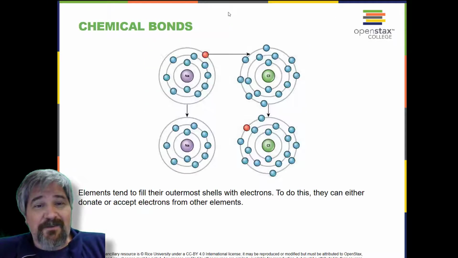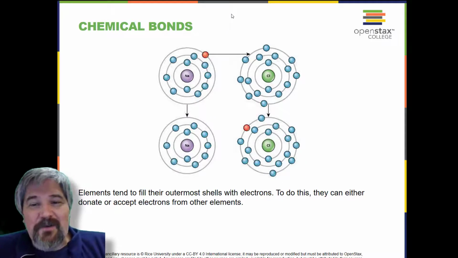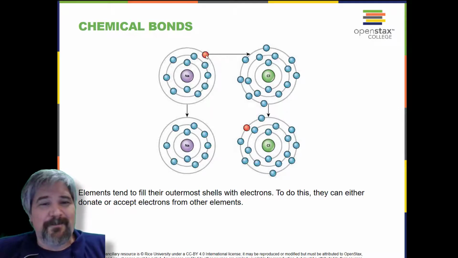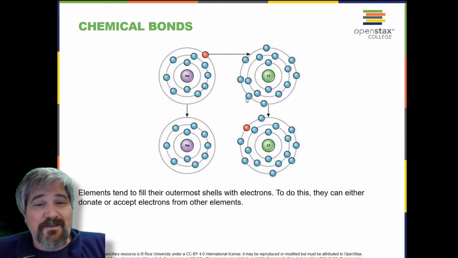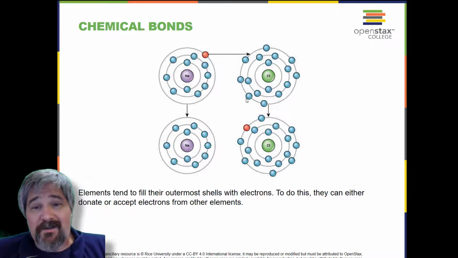As this figure illustrates, a sodium atom has only 1 electron in its outermost shell, and chlorine has 7 electrons in its outermost shell. A sodium atom will donate its 1 electron to empty its shell, and a chlorine atom will accept that electron to fill its shell, becoming chloride.